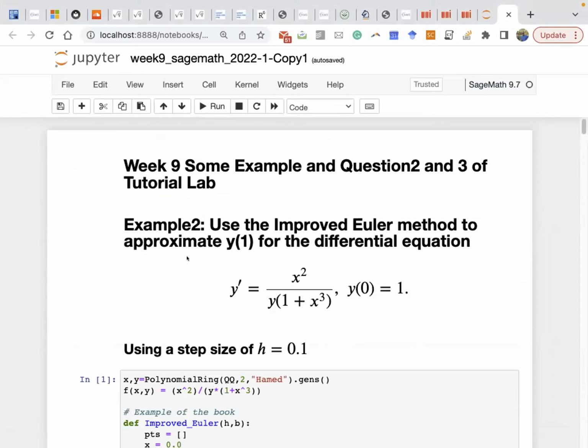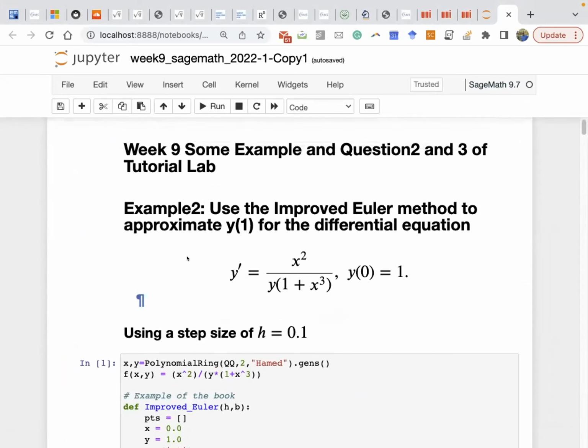Before doing questions 2 and 3, there are two examples in the course notes, maybe in week 8, the third or second last PDF. Let's have a look at them. The answers have been written there, but we can have a look here as well.